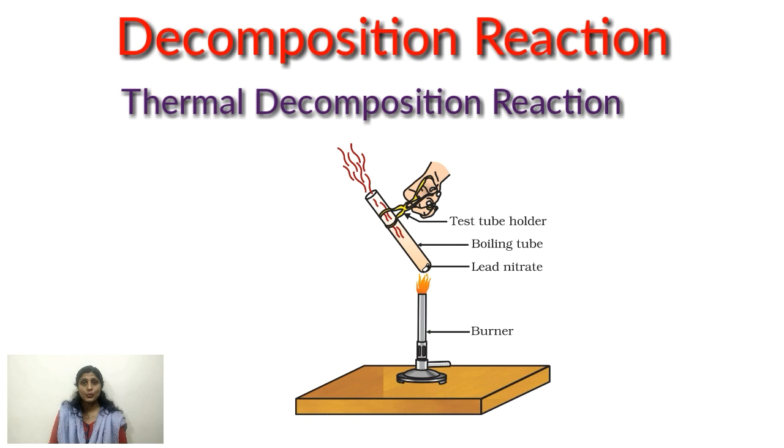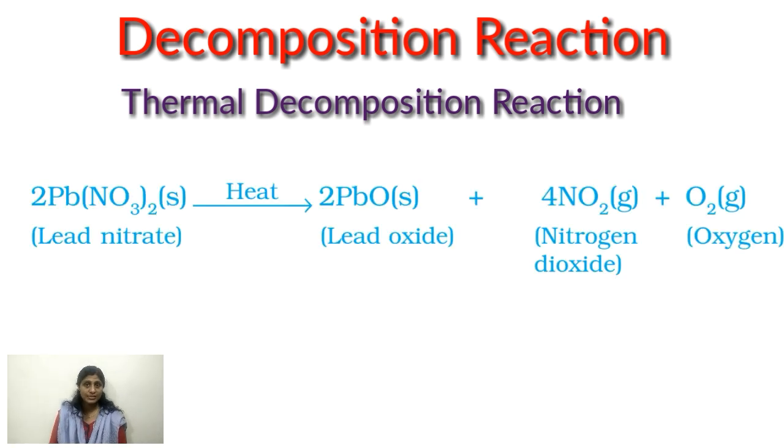Next example, when lead nitrate is heated strongly, lead monoxide, nitrogen dioxide and oxygen are formed. Equation is 2Pb(NO3)2 solid heats to get 2PbO, that is lead monoxide, plus 4NO2 gas, nitrogen dioxide, plus O2 gas.